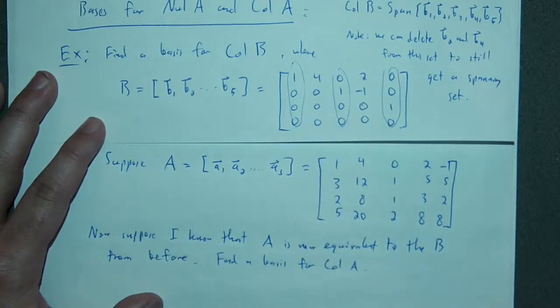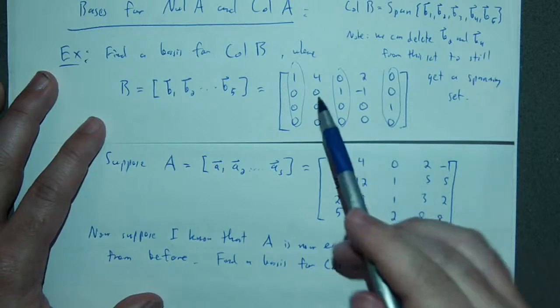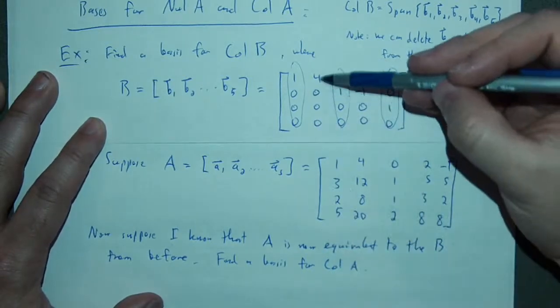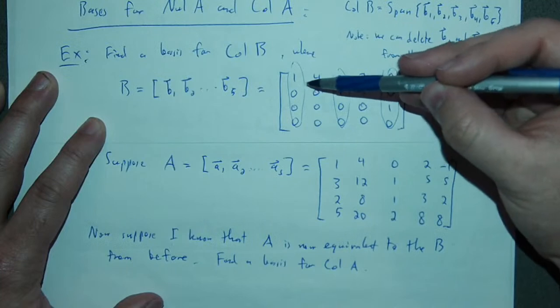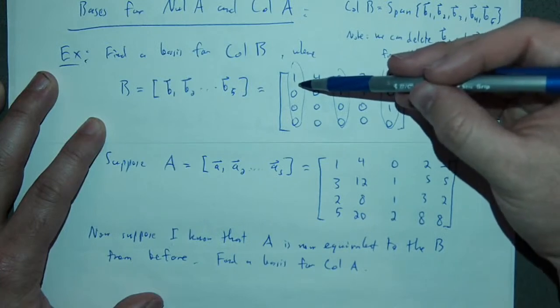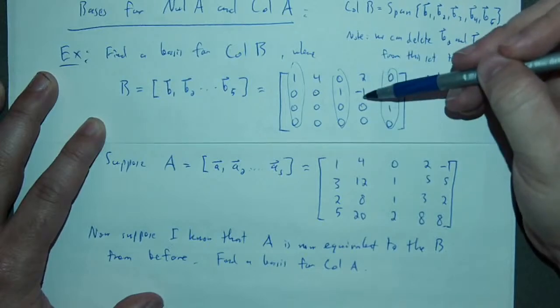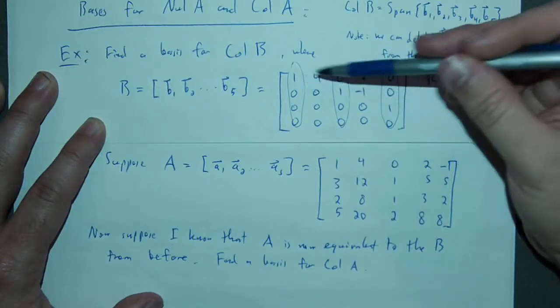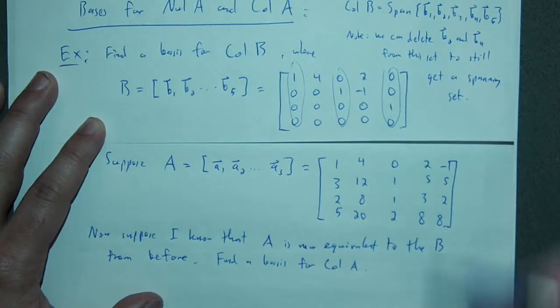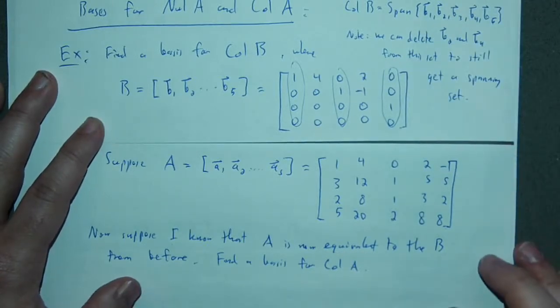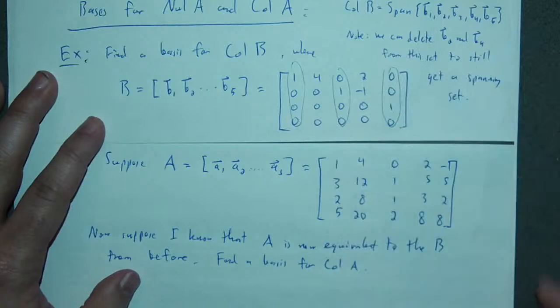Now, we saw before that in B, for instance, the second column of B was 4 times the first column, and the fourth column of B was 2 times the first minus the third column. So I wonder if that relationship is actually true for A as well.